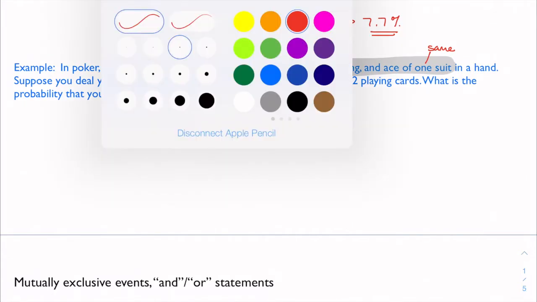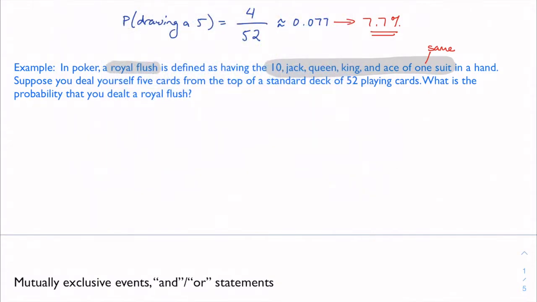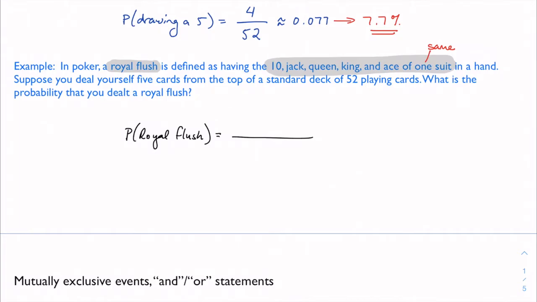So I'll show you a different way to maybe look at it later. But the way we're going to look at it is this. The probability of a royal flush is, well, the number of royal flushes that there are. So let's think about that. I could have the 10 of clubs and the jack of clubs and the queen of clubs and the king of clubs and the ace of clubs.